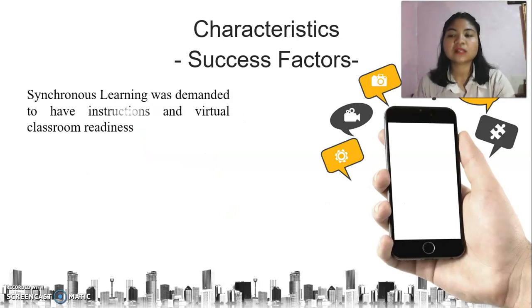Next, synchronous learning is demanded to have instructions and virtual classroom readiness. Before the class is conducted, there must be a moment where the teacher tells the students the rules of the classroom, the rules of the meeting, and what they have to do. The teachers can even teach the students how to use the application or its features.